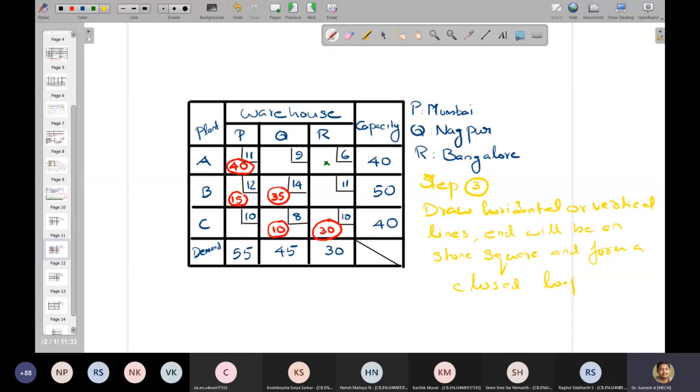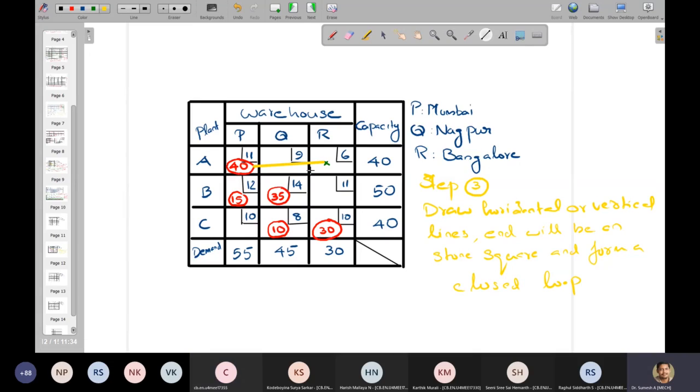So tell me, how will I form the loop? Starting from AR, if I draw a horizontal line, it will go to AP.